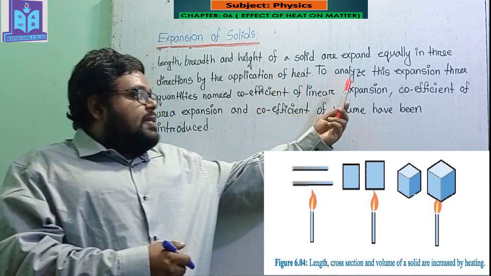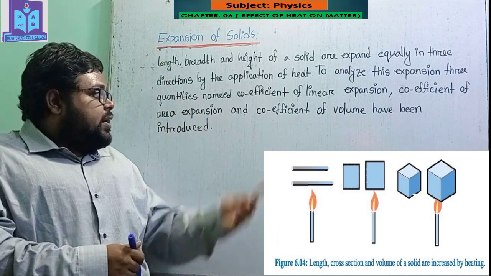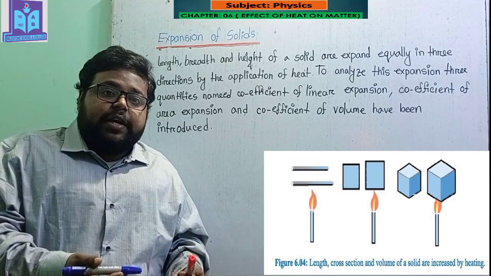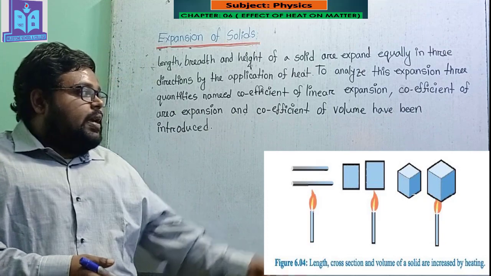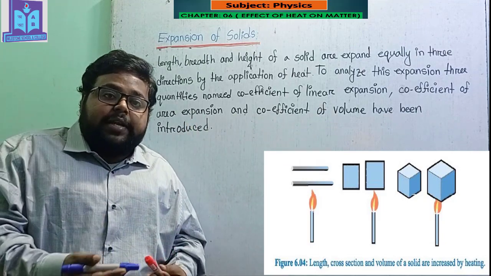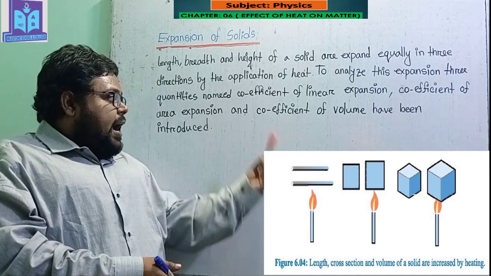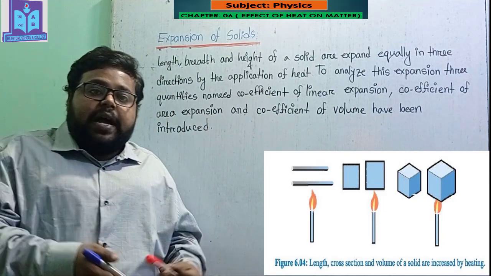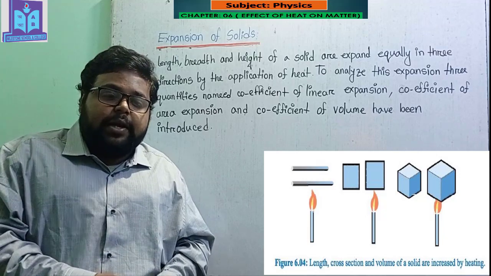To analyze this expansion, three quantities are used: the coefficient of linear expansion, which is applied to find the linear expansion of a solid; the coefficient of area expansion, which is applied to find the area expansion of a solid; and number 3, the coefficient of volume expansion, which is applied to find the volume expansion of a solid, okay?